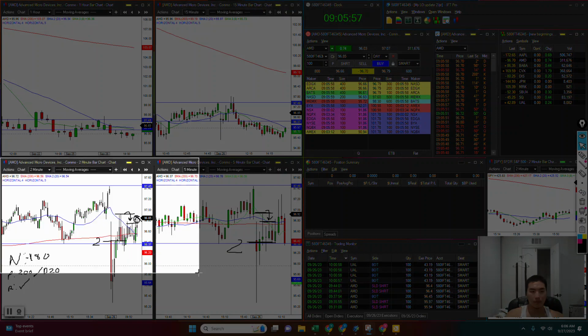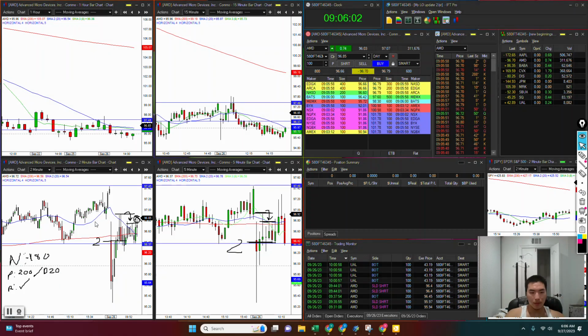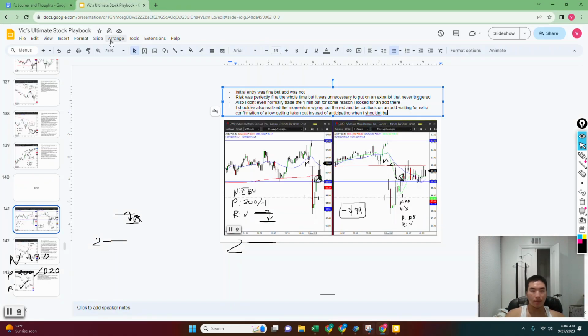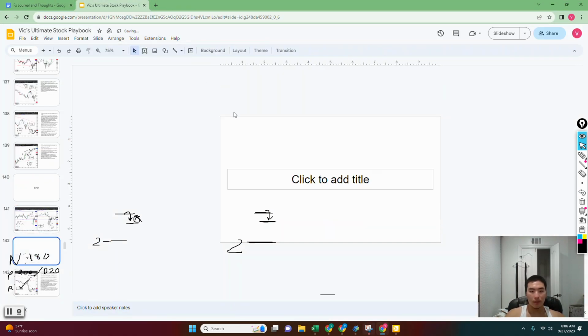I should have known. I should have known. The way that big red bar was just walked down, that is a pretty clear sign telling me to be careful.